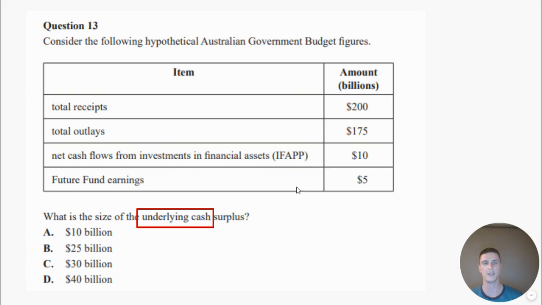Okay, so what you needed to do was total receipts minus total outlays, which equals a $25 billion surplus. But some of this surplus money was from investing, so we have to take that away and take away the future fund earnings, which was from investment as well, which leaves us with a $10 billion underlying surplus, but it would be a $25 billion headline surplus.